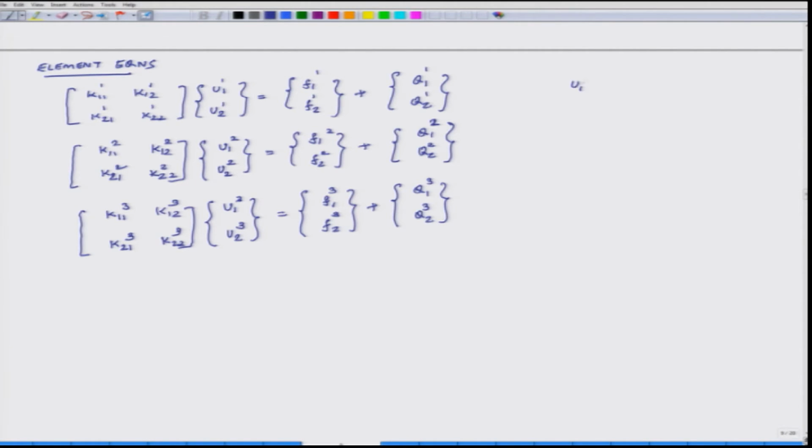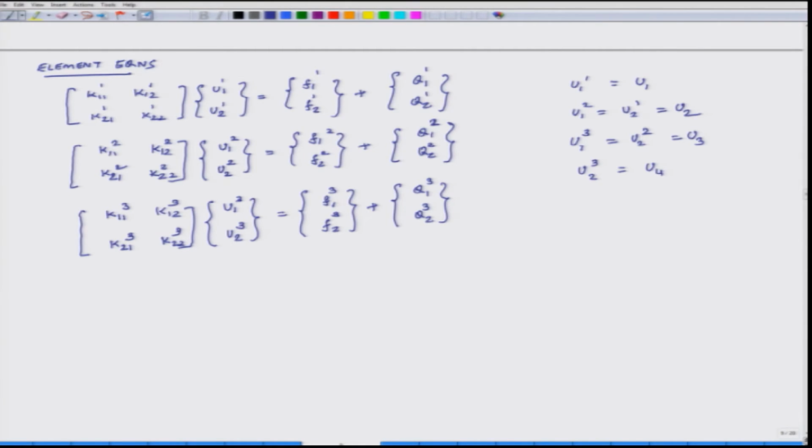So, we know that U11 is equal to U1, U12 is equal to U21 is equal to U2, U31 is equal to U22 is equal to U3, and U32 is equal to U4.